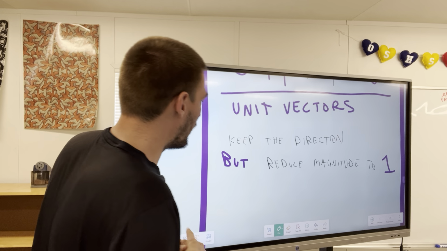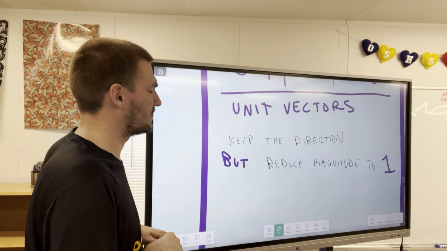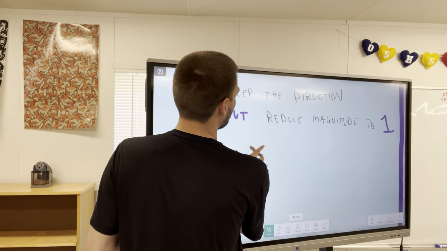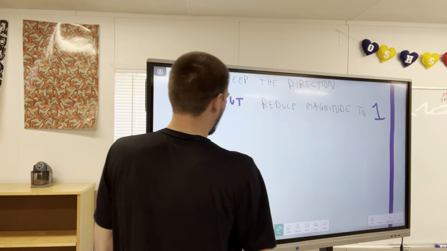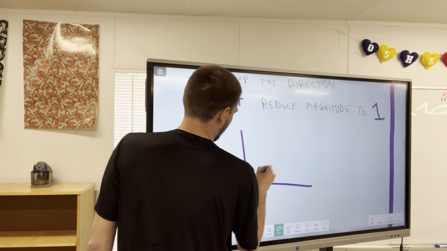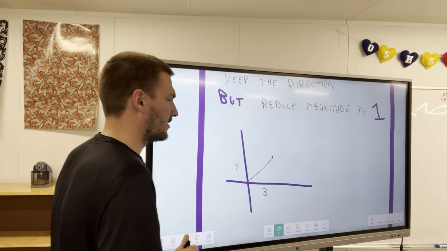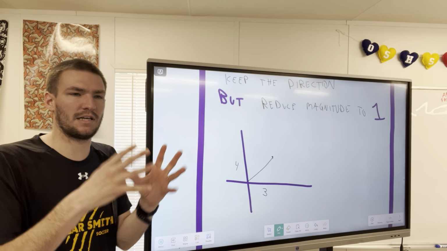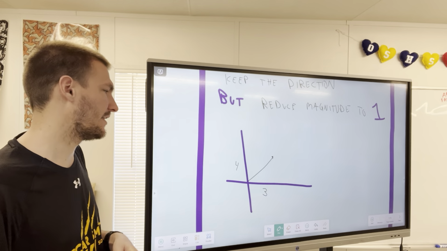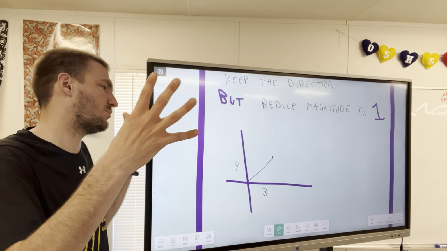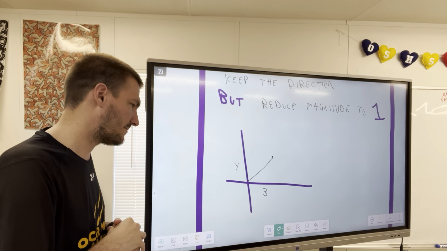Okay, well, how are we going to do that? If we think about our vector that was 3 and 4, those numbers certainly need to become smaller. They certainly need to be shrunken down. So we're going to be using divide in order to bring those numbers down.